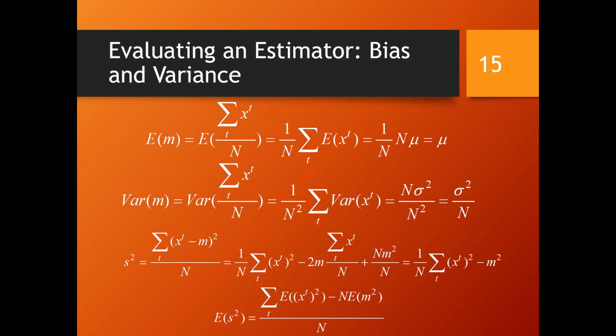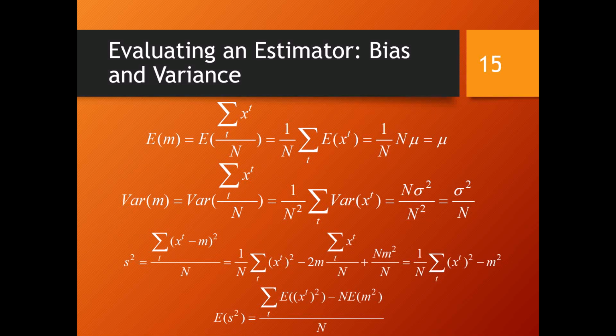So the expectation of our estimator, which is defined as this, is exactly equal to the original mean, the statistical mean. This is the estimated mean, or calculated mean, and it is exactly equal to the statistical mean.